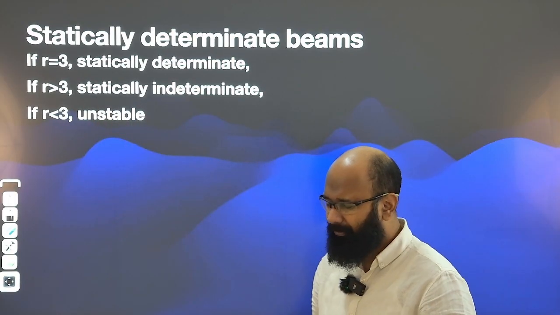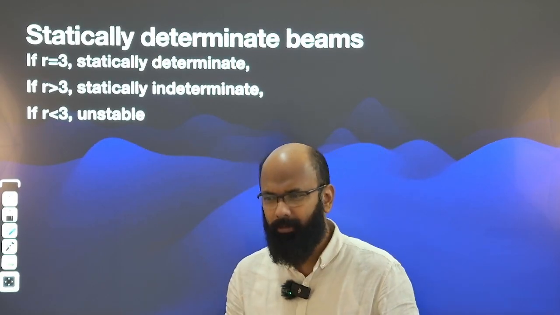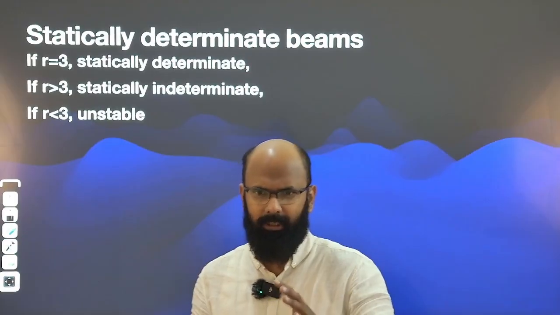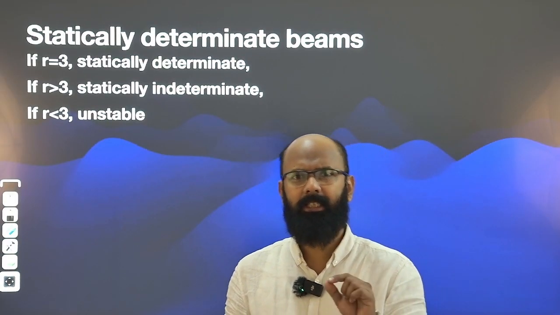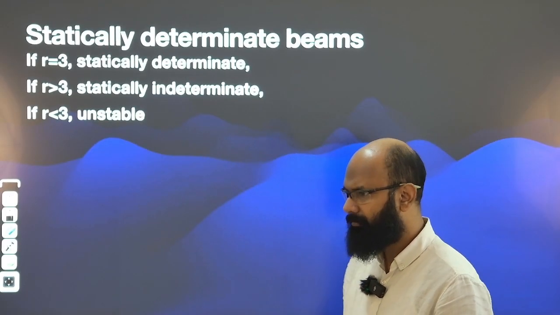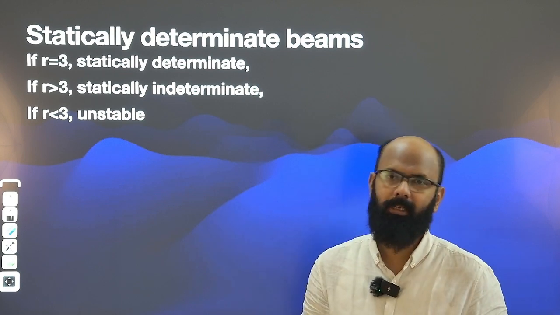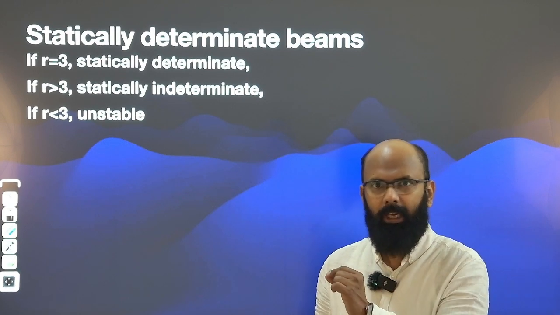And if the number of unknowns is more than the equations available to us, then the structure will be termed statically indeterminate. The number of unknowns greater than 3 gives the degree of indeterminacy.